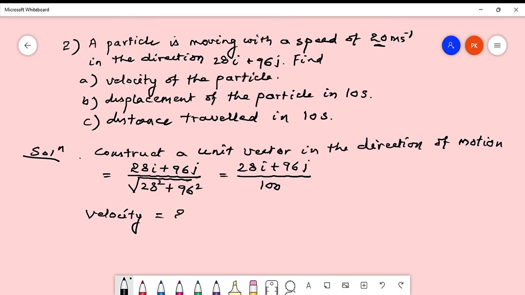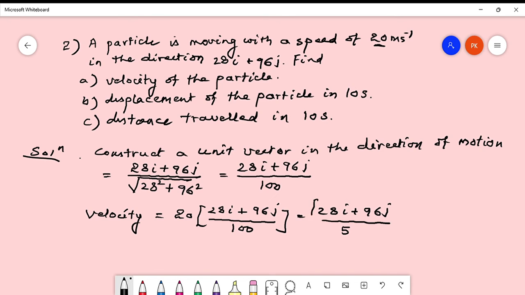So 20 into 28i plus 96j divided by 100, which is 28i plus 96j divided by 5 meters per second, or that is 28 upon 5 i plus 96 upon 5 j meters per second. So this is the velocity vector.